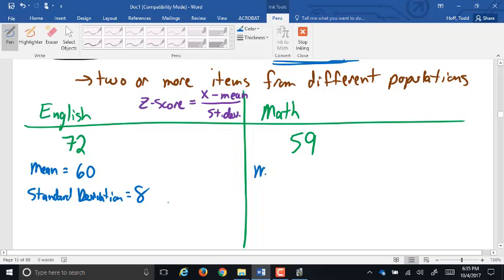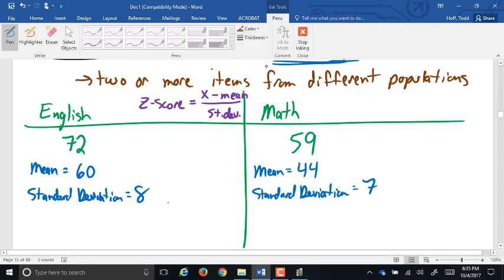Let's say for the math test, the mean score of all people who took that math test was 44, with a standard deviation of 7.